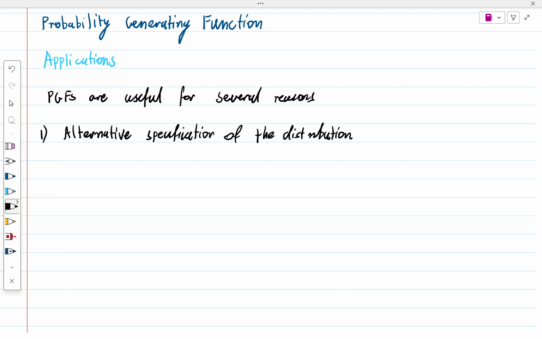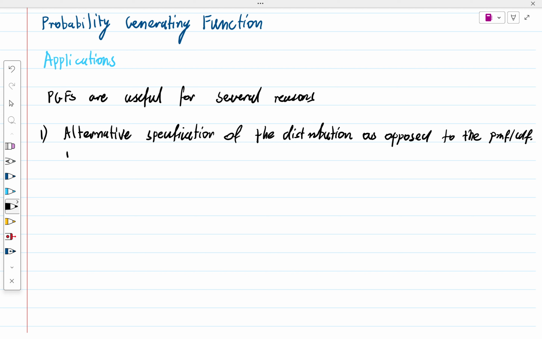Now, what do I mean? Alternative specification of the distribution as opposed to the probability mass function / the cumulative distribution function.